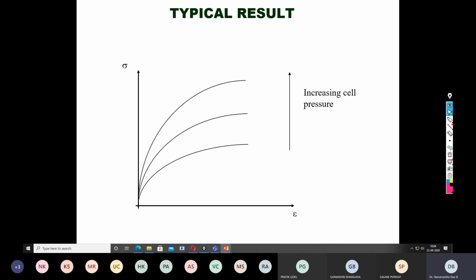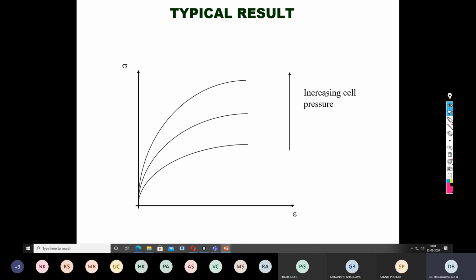So this is a short summation about the triaxial testing. Suppose you have conducted the UCS, UU, CU and CD tests.